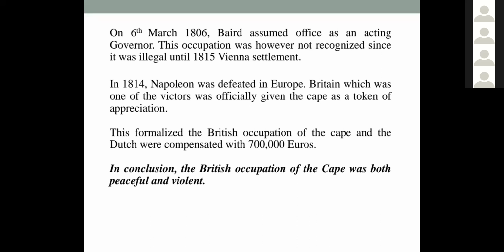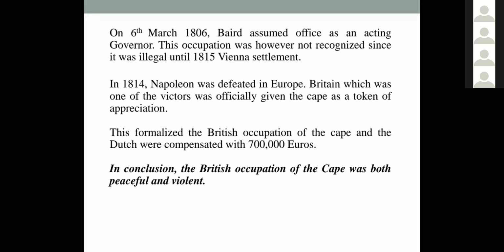In the first occupation, I told you, the King of Holland had been overthrown, and then he went to England in exile. Holland was taken over by the Batavians. The King of Holland, now in exile, requested Britain to take over the Cape as problems were being solved.